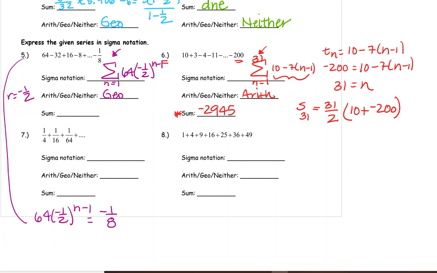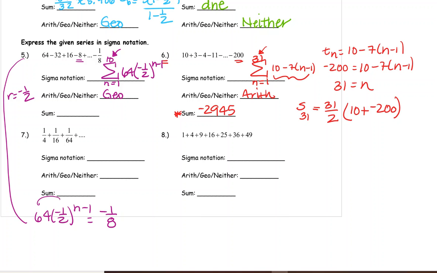Then you're going to have to divide out that 64 and use some logarithms, which you can do. If it were me, I would probably just on my calculator start at -8 and keep multiplying by -1/2 until I get to -1/8, because it shouldn't be very far. And then you'll end up figuring out that it's the 10th term.